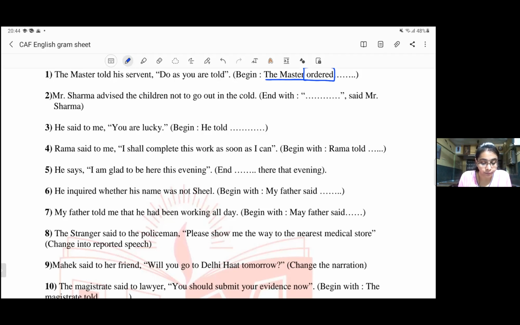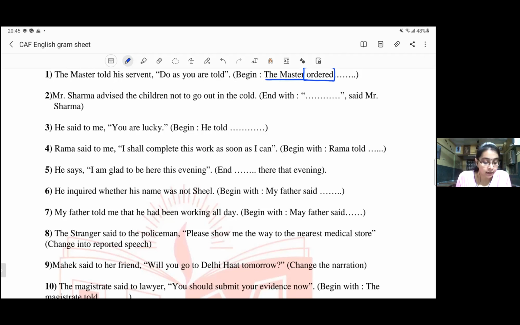Next. Sixth one, he inquired whether his name was not Shield. Begin with my father said. Now, what is the answer?